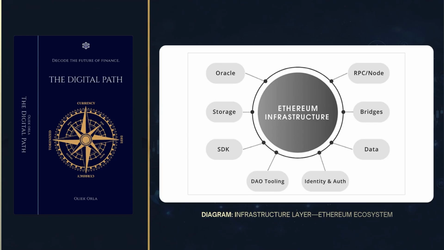For example, services such as Infura or Alchemy allow developers to connect to the Ethereum network without running their own nodes, significantly simplifying product development and scaling. Layer 2 solutions, particularly rollups, are tightly integrated with Ethereum's infrastructure.